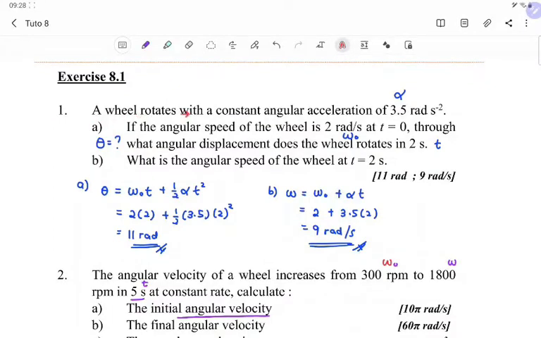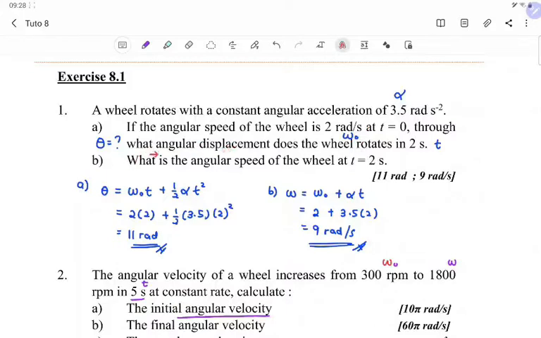Let's look at a few examples. Number one, a wheel rotates with a constant angular acceleration of 3.5 radian per second squared. So this is the alpha. If the angular speed of the wheel is 2 radian per second at t equals 0, given here at the start of the motion, the omega naught is 2 radian per second, the initial angular velocity.